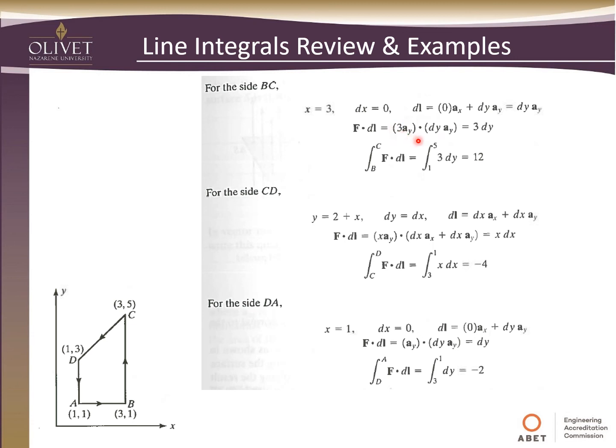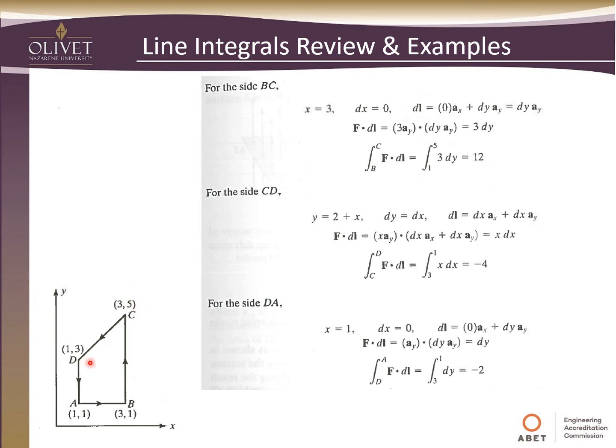So we have 3 a_y dotted with dy a_y. We're dotting 2 a_y's together, so we just multiply their magnitudes together, which gives us 3 dy. Now we're integrating this, and y goes from 1 to 5. So we have the integral from 1 to 5 of 3 dy. Work that out, it's pretty simple, and that comes out to 12.